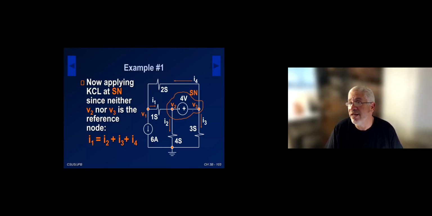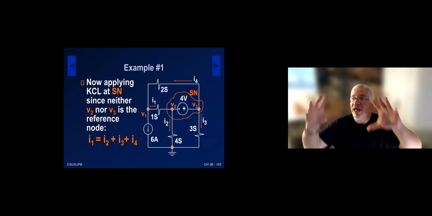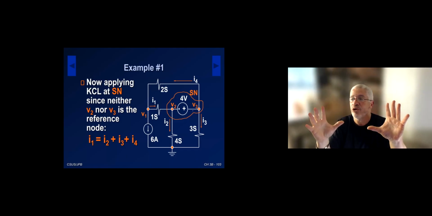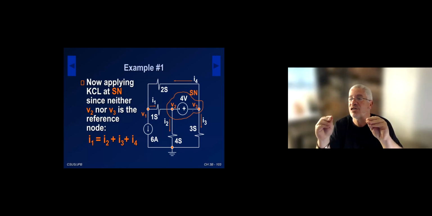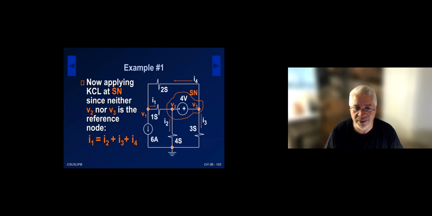Otherwise, the source would be dead, but we don't have Ohm's law for the voltage source. So we actually do a KCL around the whole supernode, and then we use the relationship that the source provides between the terminals to then solve the problems. Okay, so I hope that makes sense. So this is the KCL about that supernode. Just a note here, when we draw a supernode, we're not getting rid of any node.